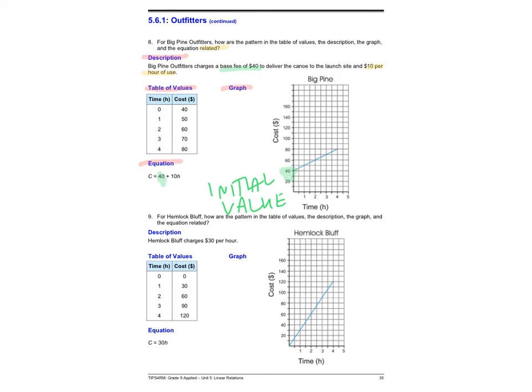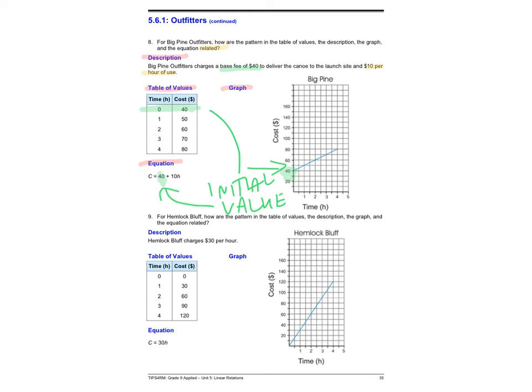So, the initial value is where you start on the graph and the number without any variables, or the number with no letters, in the equation. We again see the initial value in the table of values when time is 0.